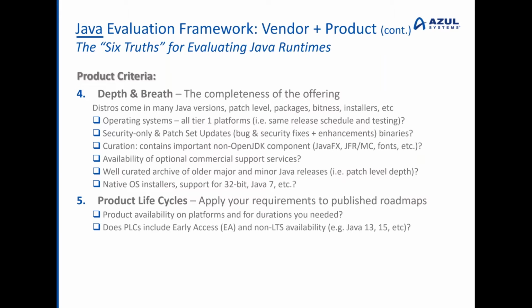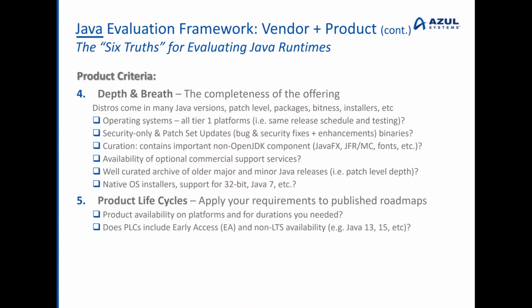Another important concept to look at when you look at products is product life cycles. It's very important today that as an ISV, if you're going to pick a vendor and a particular distribution, the product life cycles for those JDKs, for those Java runtimes, meet the needs of your products and align with your product life cycles. And if you're an IDE, if you're a DevOps ISV, you want to encourage your Java developers to stay on the cutting edge of Java.